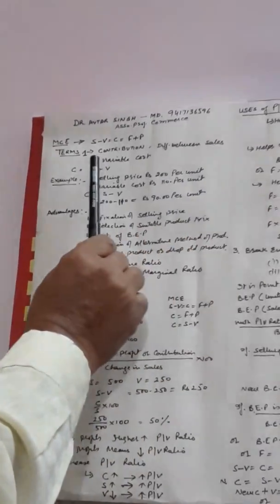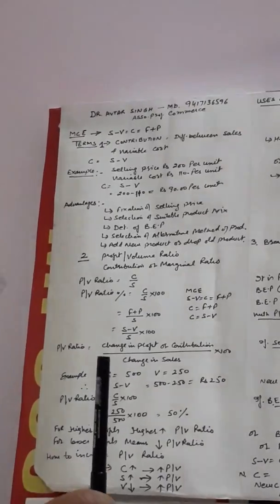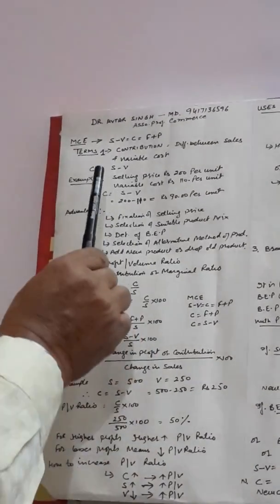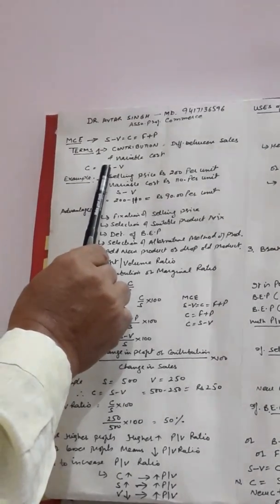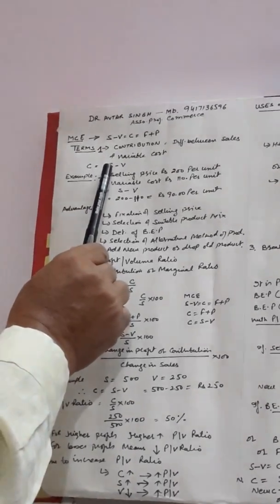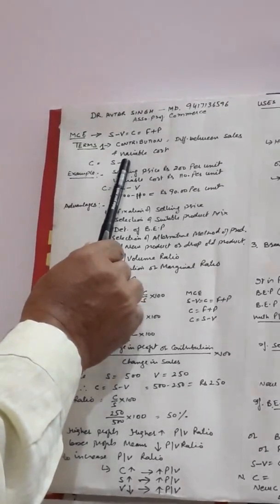Contribution is a difference between sales and variable cost. It is denoted by C and is equal to sales minus variable cost. S here means sales, V means variable cost.